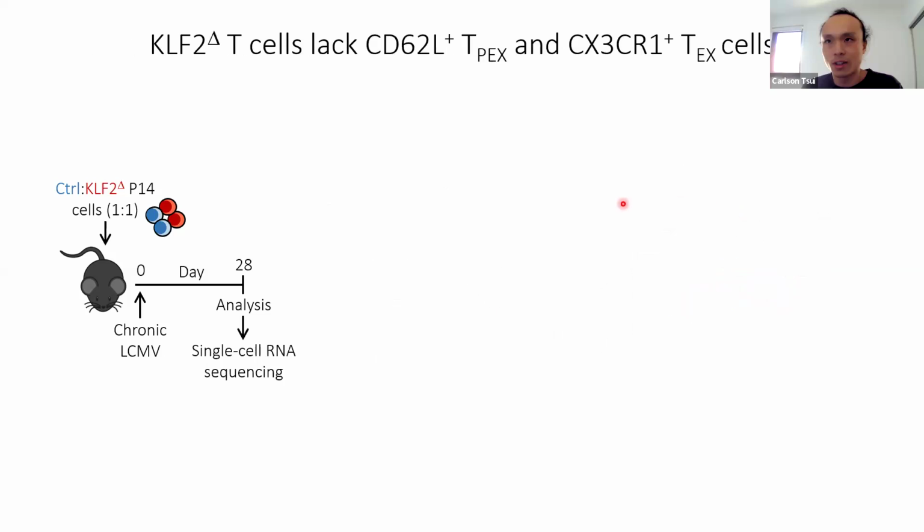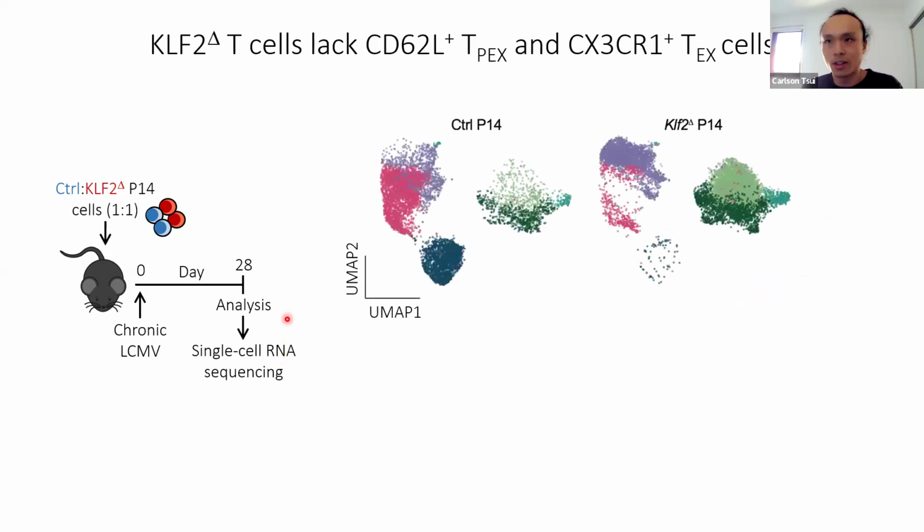So how does KLF2 deficiency affect cell fate? We addressed this by performing single cell RNA sequencing of the P14s from the spleen of these mice. As you can appreciate here, they look pretty different. We noticed that in the knockout P14 compartment, there are two populations specifically that are missing that were present in the wild type.